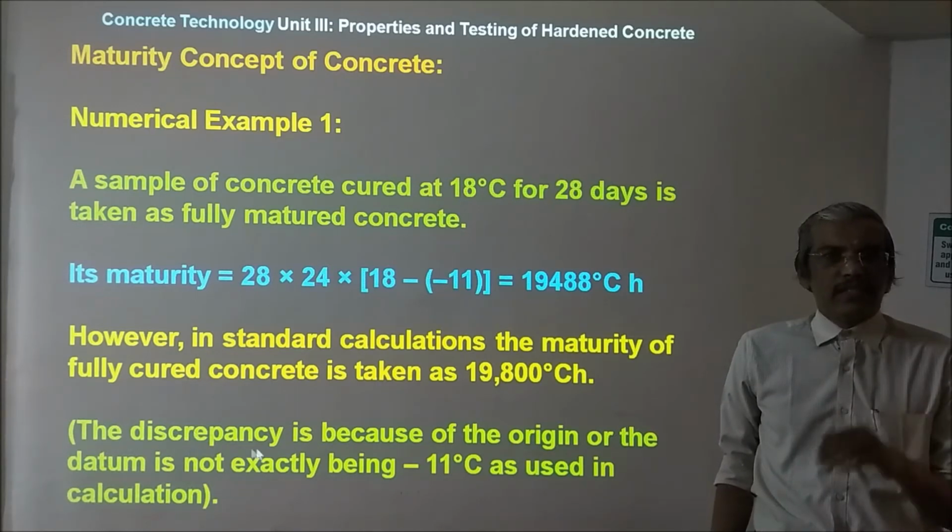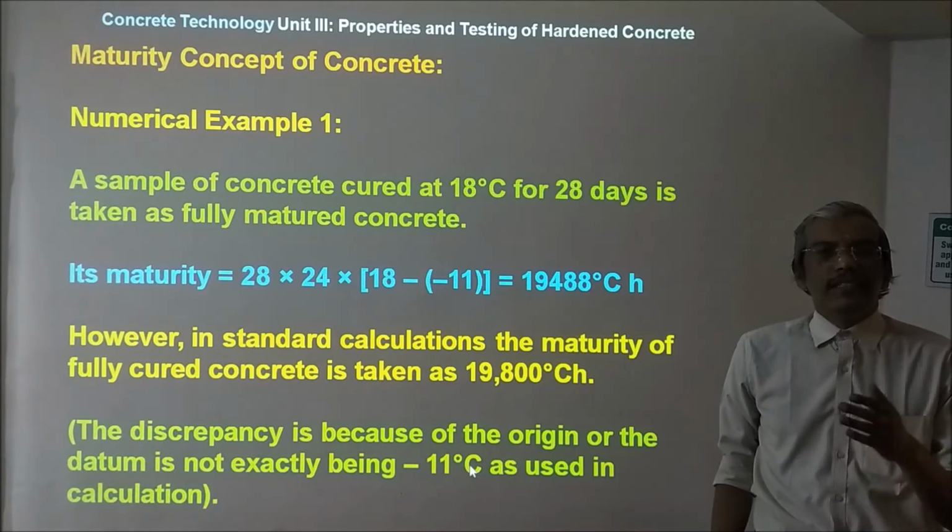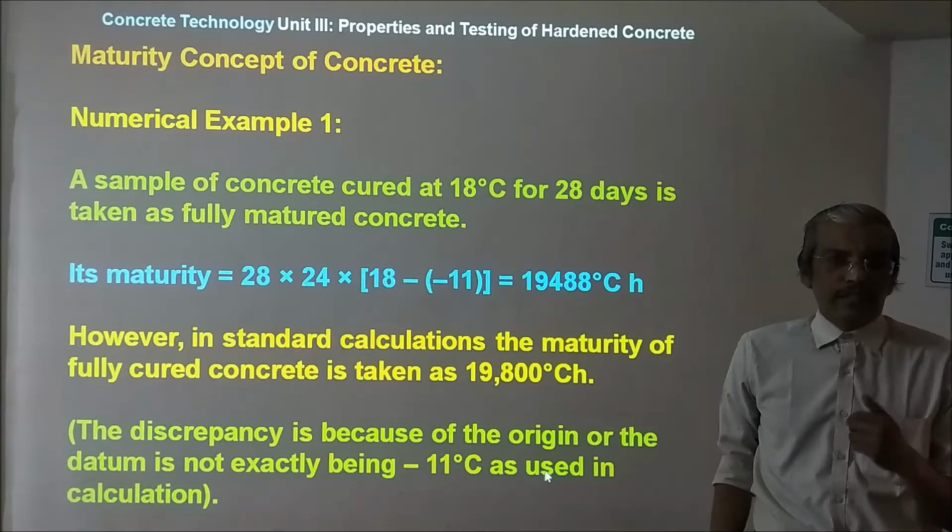This discrepancy is because the origin, or the datum, is not exactly minus 11 degree centigrade as it is used in the calculations.